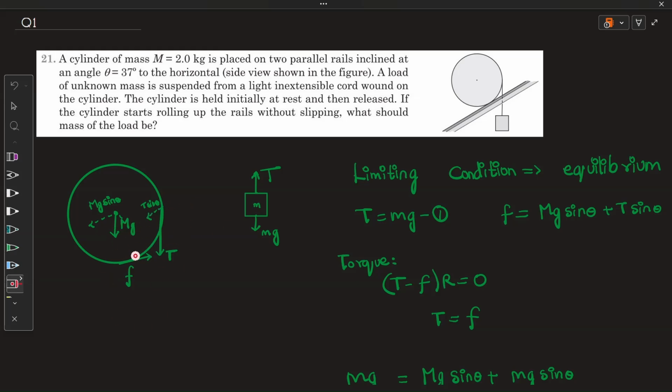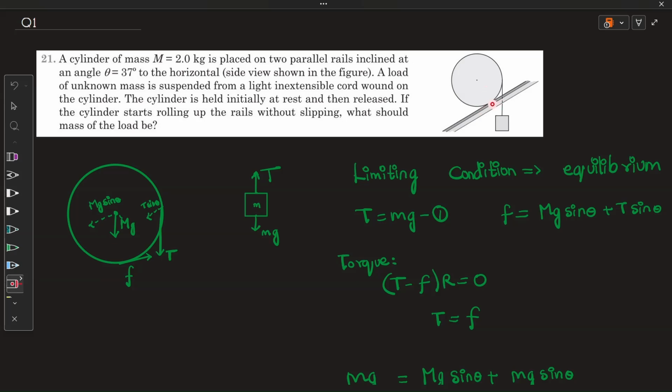You may ask why there is a frictional force here. They didn't mention a frictionless surface, so we have to assume friction. Why? Because they have mentioned that the cylinder is held initially at rest and then released, and the cylinder starts rolling up.